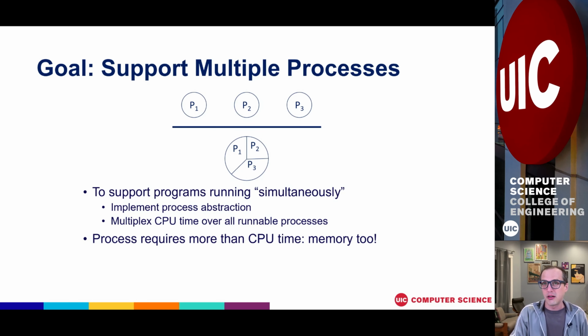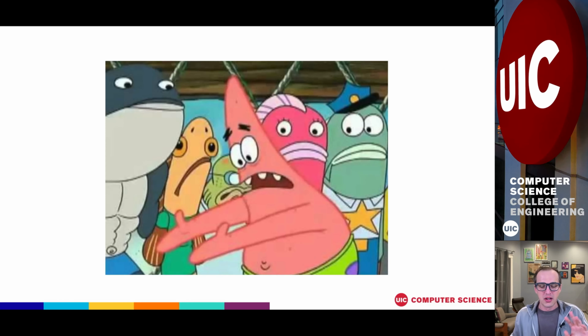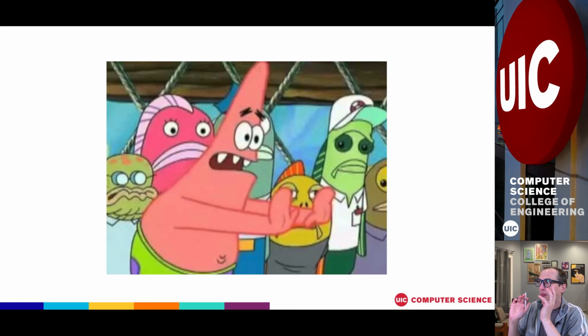We talked about it a little bit earlier on, where if what we're trying to do is just deal with the fact that we're switching a bunch of registers from one place to another, we can make it really simple, right? We've got a handful of registers. The registers are incredibly fast memory right there on the CPU, and there's not that many of them. So we can just pull a Patrick and say, we're going to take all these registers from over here, and we're going to put them over there.